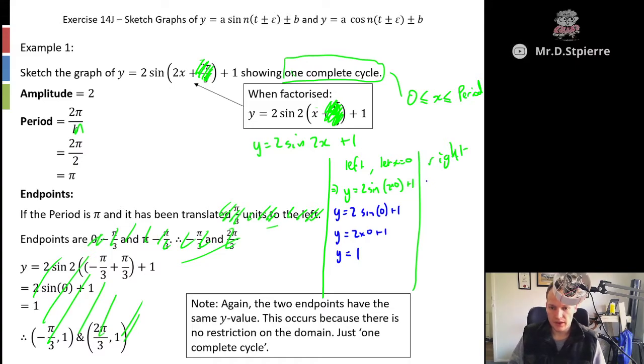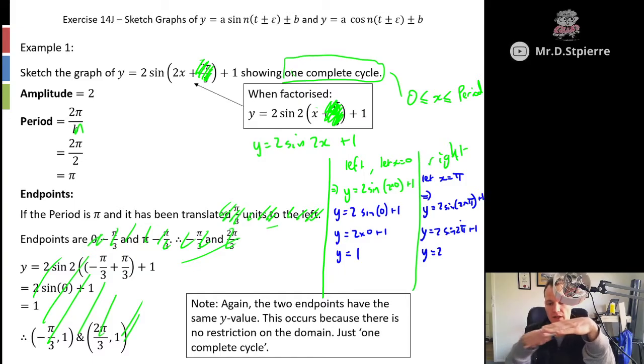Now we do that again, we'll let x equal pi, so it follows on that y is equal to 2 sine 2 times pi plus 1, y is equal to 2 by sine of 2 pi plus 1, y is equal to 2 times. Now sine of 2 pi, so again, what's the vertical component of an angle of 2 pi?